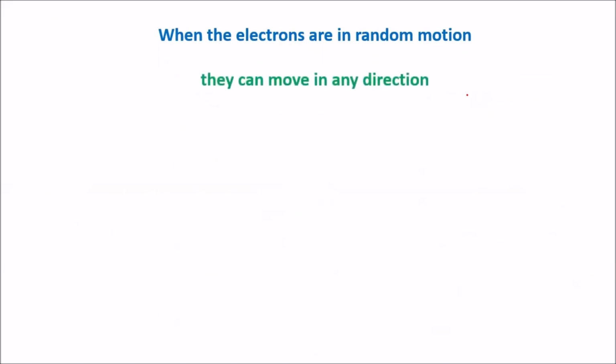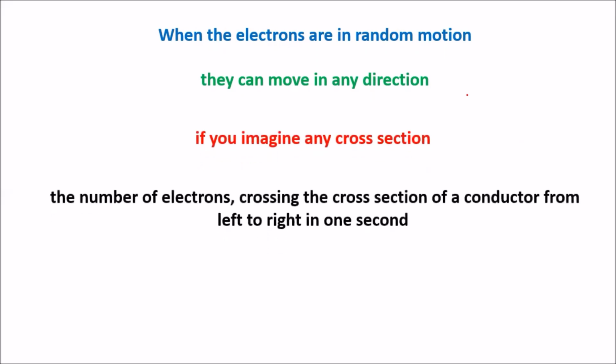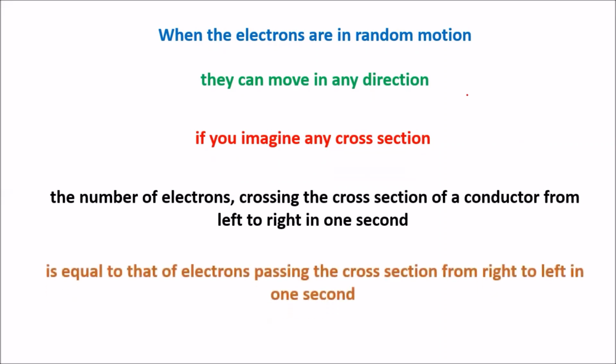So by this diagram what we can understand, when the electrons are in random motion, they can move in any direction. They can move towards left, towards right, upwards, downwards. In random motion, all those electrons will be moving. If you imagine any cross section, so any point inside the conductor, the number of electrons crossing the cross section of a conductor from left to right in 1 second will be equal to that of electrons passing the cross section from right to left in 1 second.